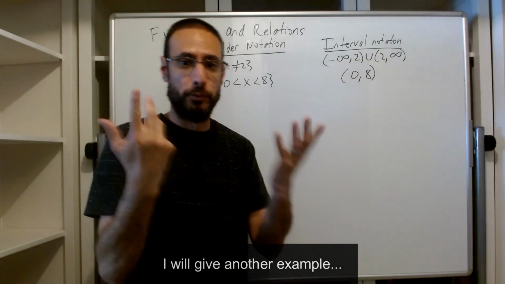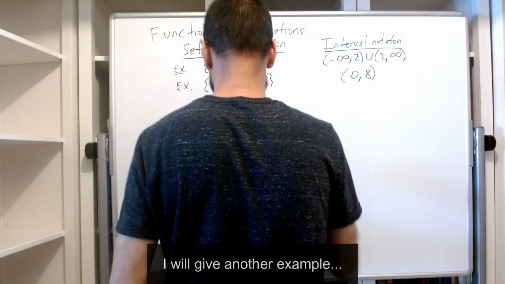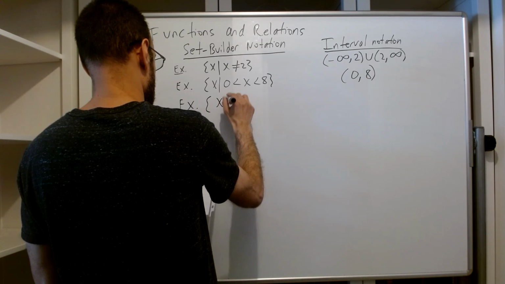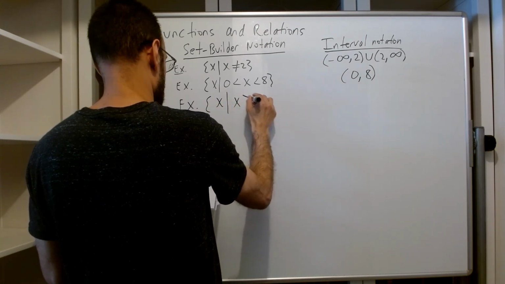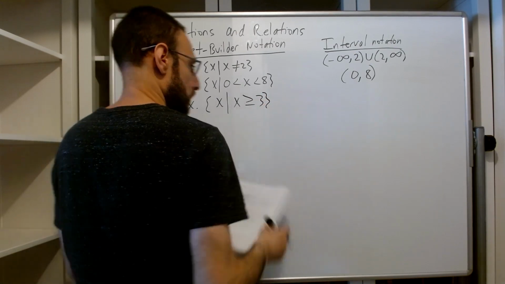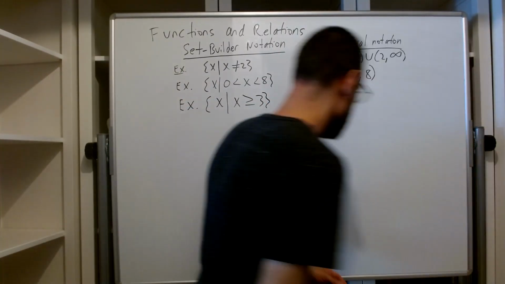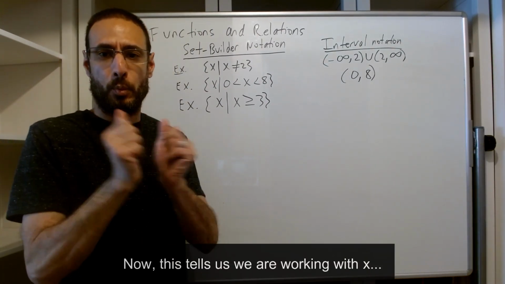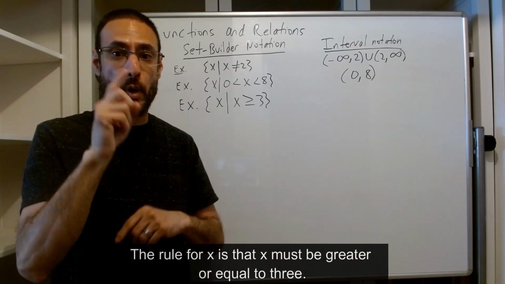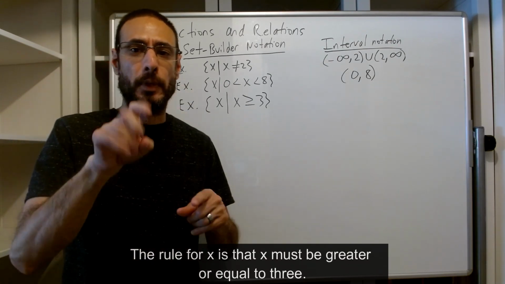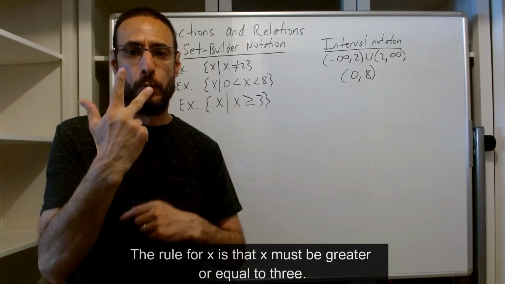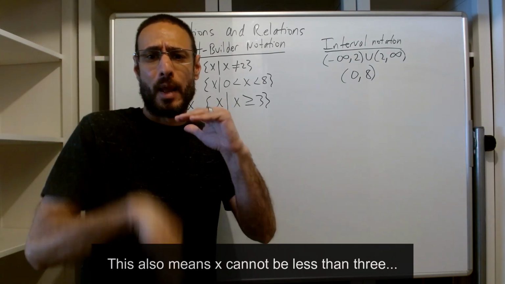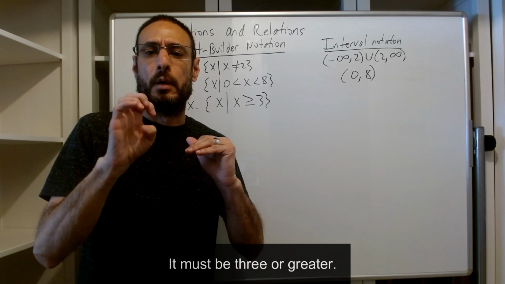I will give another example. Now, this tells us we are working with x. The rule for x is that x must be greater than or equal to 3. This also means x cannot be less than 3. It must be 3 or greater.